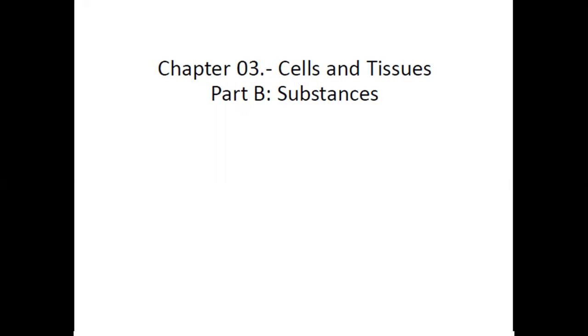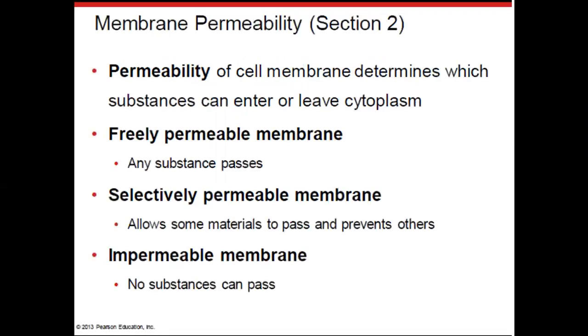So we're going to continue with part B, which is substances, and basically just the mechanisms that the cell uses to transport substances across that membrane. In the first chunk of chapter 3, we talked about the cell itself, the organelles within the cell, cell division, everything related to the cell and the properties of a cell.